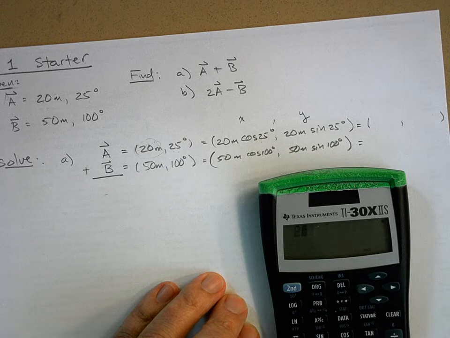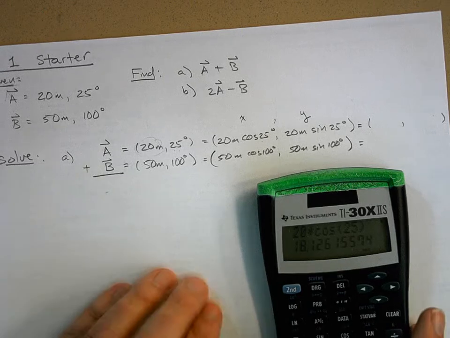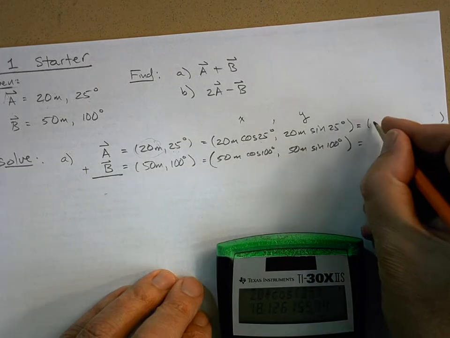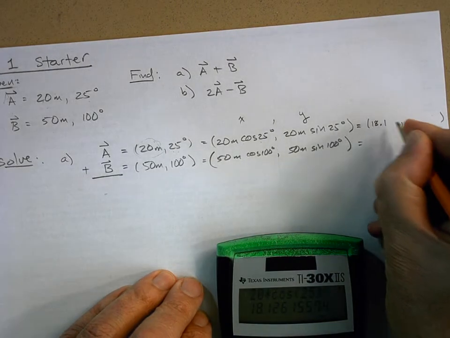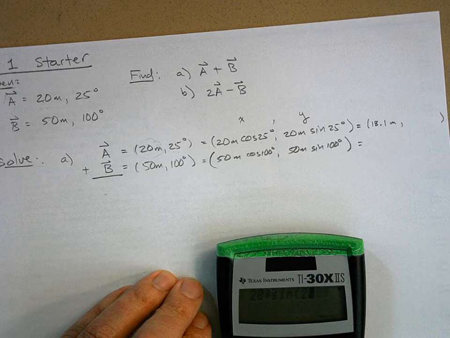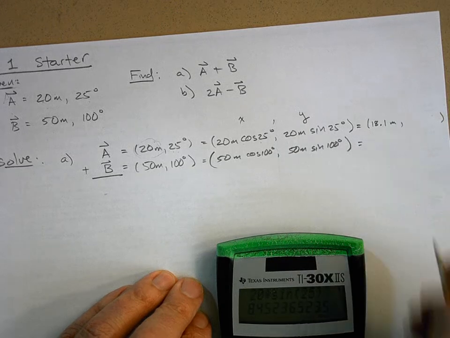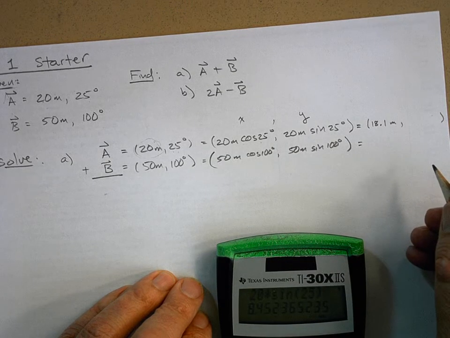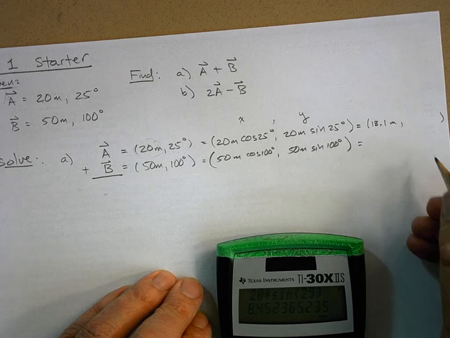Sorry. 20 times the cosine of 25. And I got 18.1 meters. 20 times the sine of 25 degrees. And I get 8.5 or 8.45.